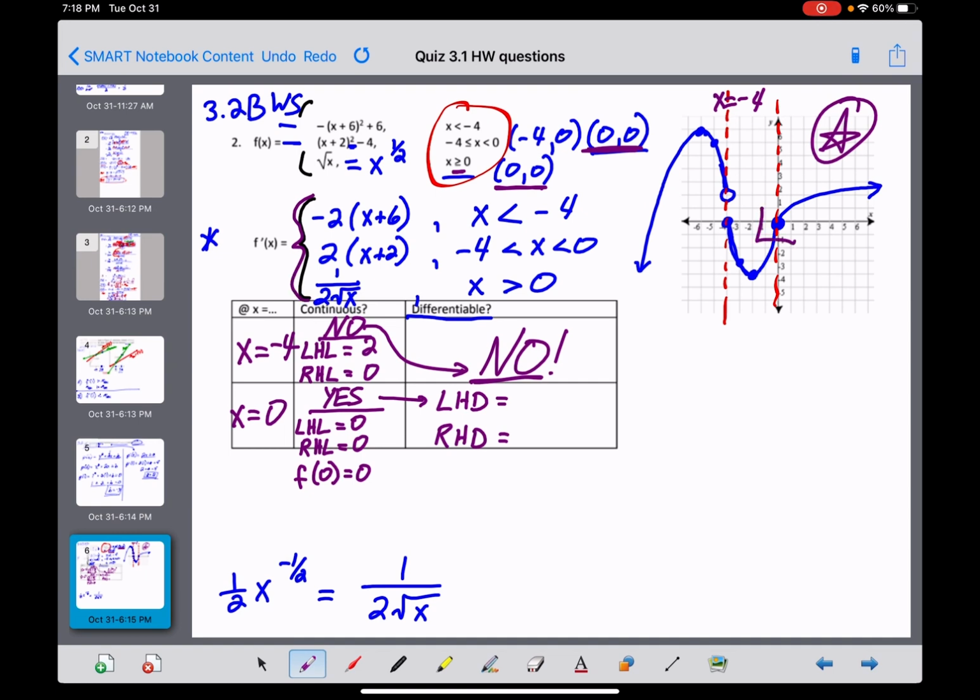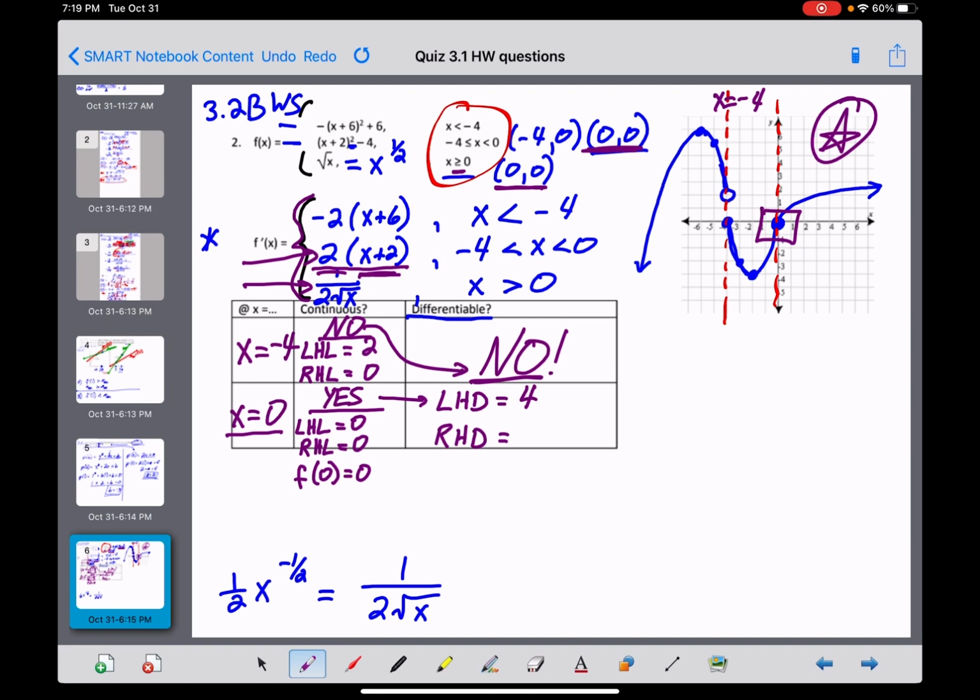For this spot, when x is 0, it's going to be the second and the third parts of the piecewise derivative that we have to look at. For the left part, that's going to be 2 times x plus 2, which we'll evaluate when x is 0. 0 plus 2 is 2, times 2 is going to be 4.